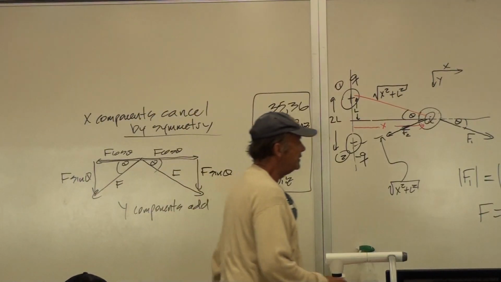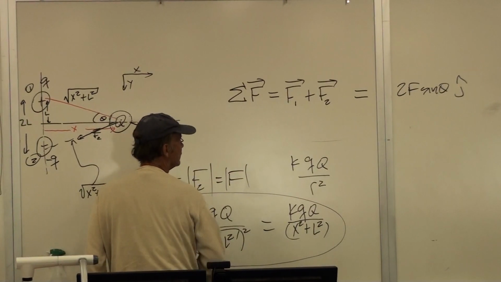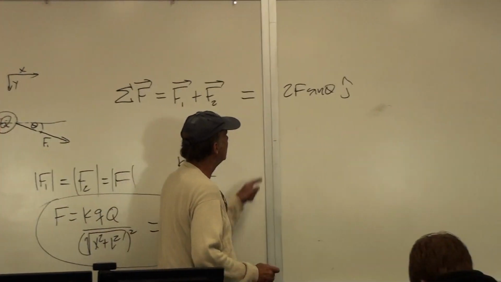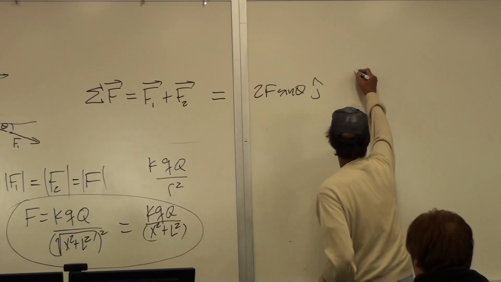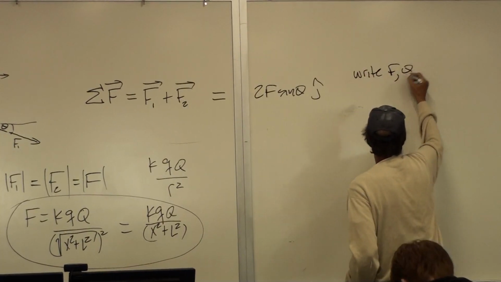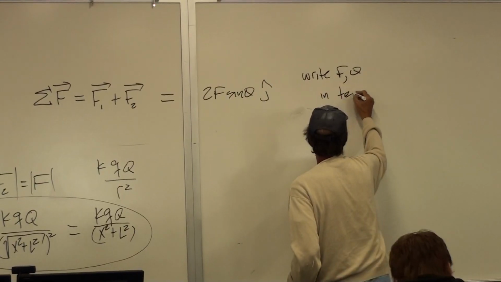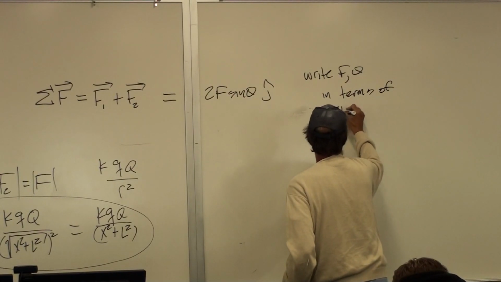Okay, so the next thing to do then is to substitute in, because we've got everything in terms of theta and F, but instead we want to write F and theta in terms of given quantities.